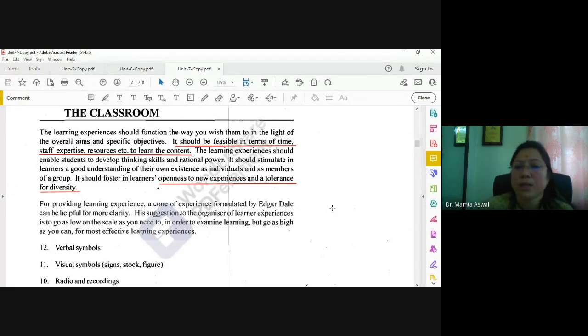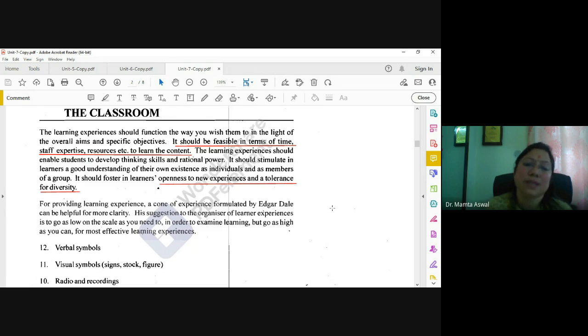In that academic year, there are certain vacations. The teacher has to complete their syllabus and organize certain activities, maybe sports activities, cultural activities of the school, and other activities which take place in the school. Those need to be organized. So time is very important. Within that stipulated time, that must be completed.